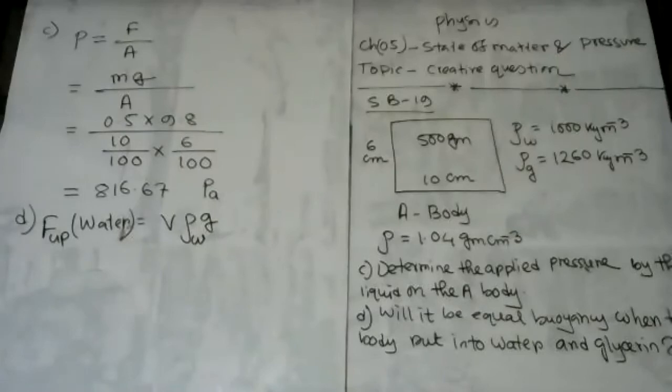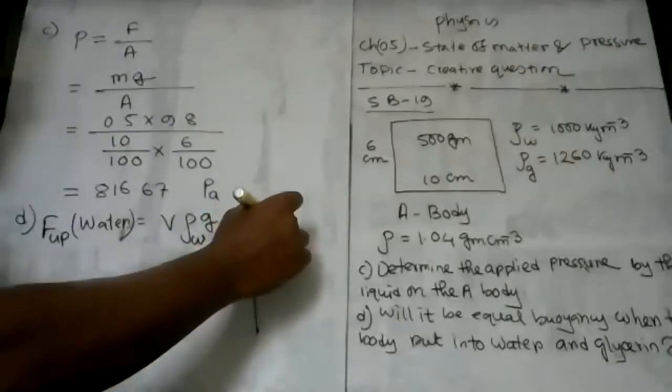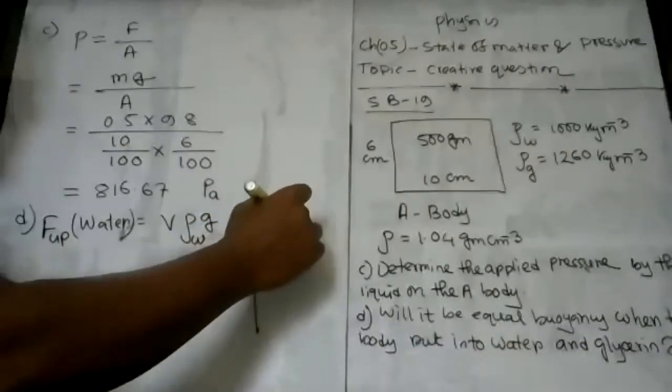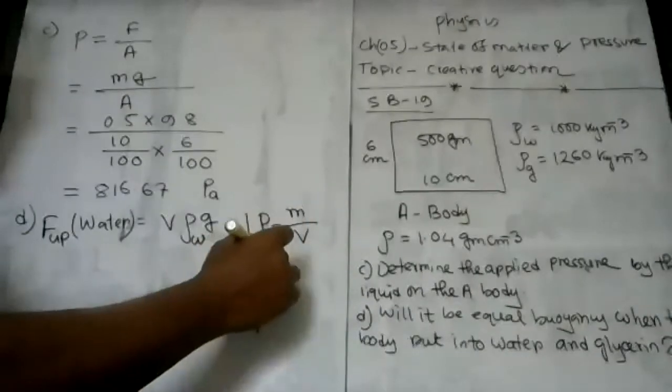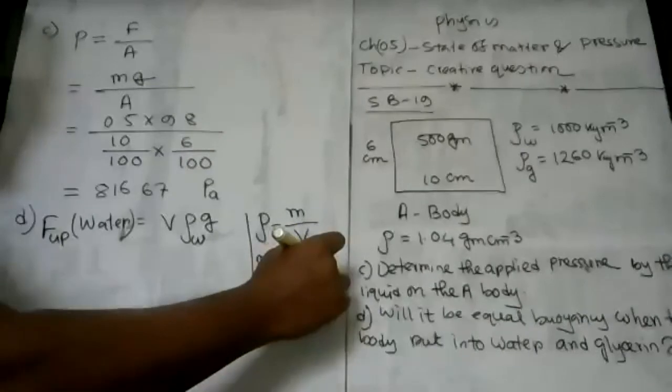Now give me the idea. How can I find out the volume V of the body? With the help of the density of the body. You know that density of the body is given, rho equals mass per unit volume. So volume equals mass divided by density.